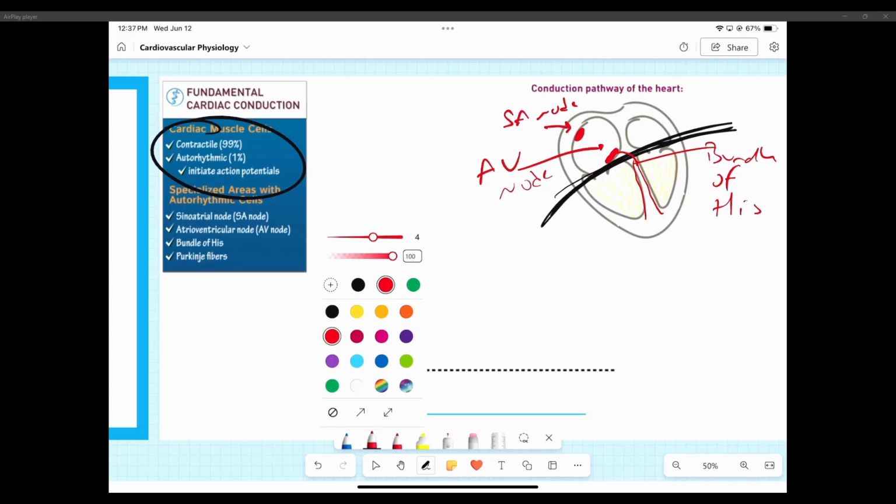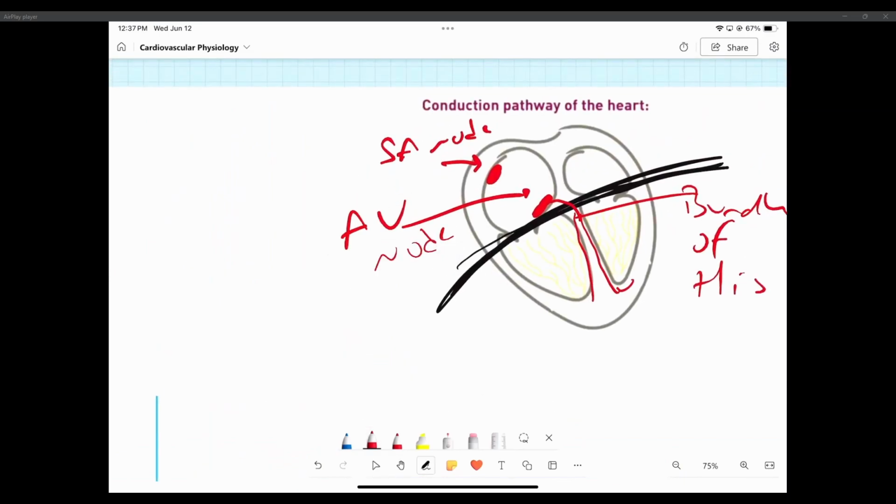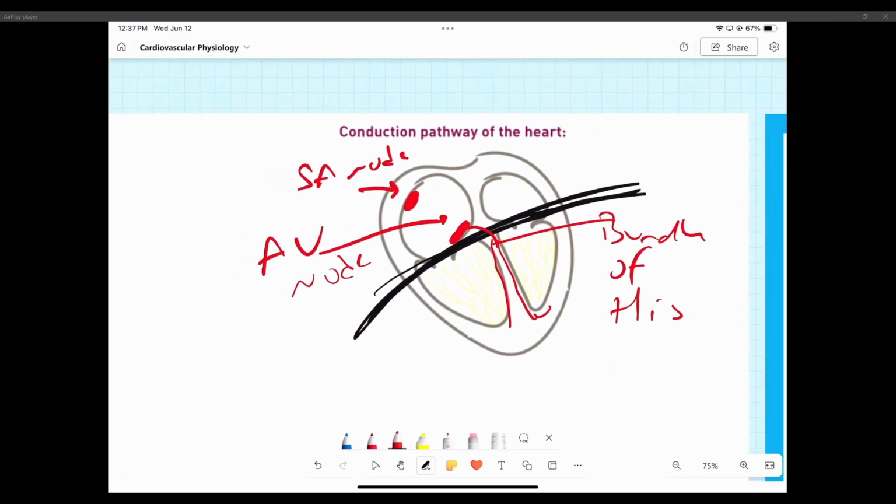Then, as these impulses come down, they go up the ventricles, and you can see all the yellow inside. Those are the Purkinje fibers. That's that last little bit. All these Purkinje fibers are innervated in the ventricles so that your ventricles can squeeze appropriately.